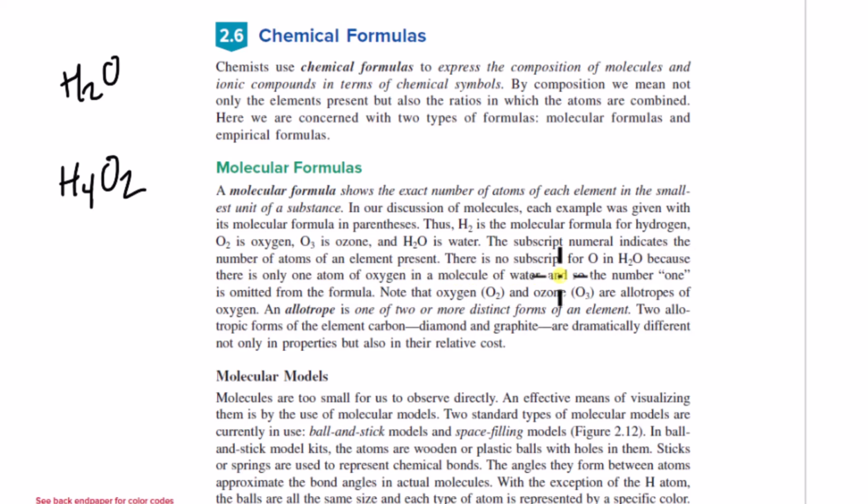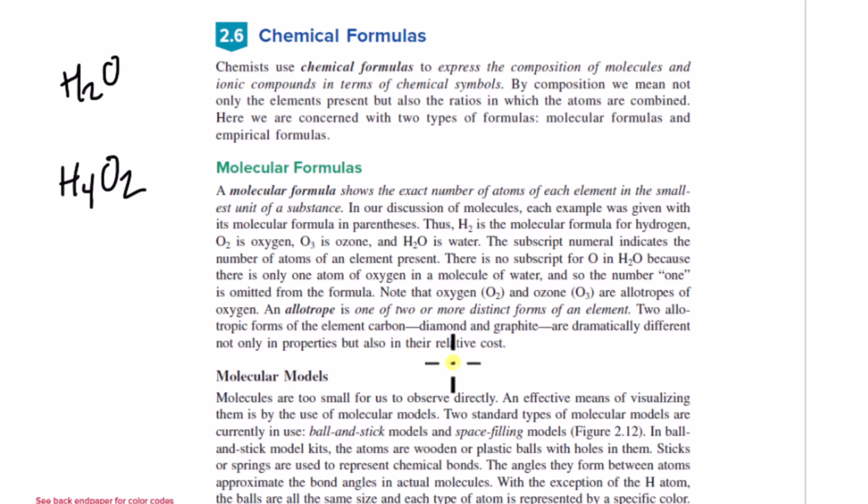There's no subscript for oxygen in H2O because there's only 1 atom of oxygen in a molecule of water, and so the number 1 is omitted from the formula. Note that oxygen and ozone are allotropes of oxygen. An allotrope is one of 2 or more distinct forms of an element.